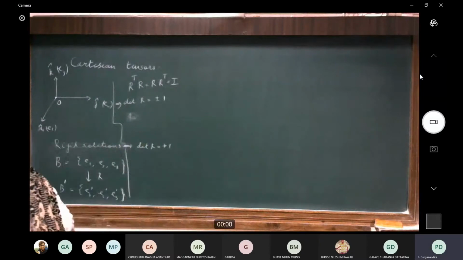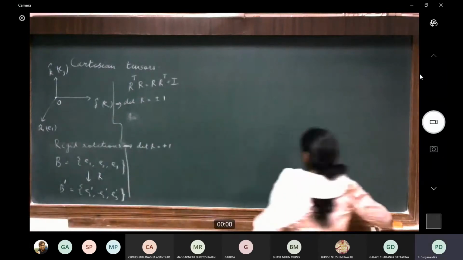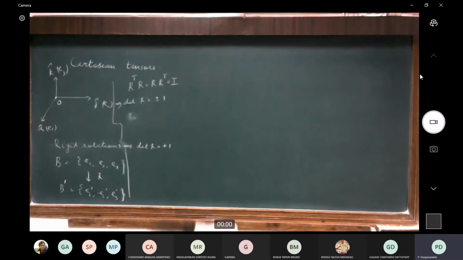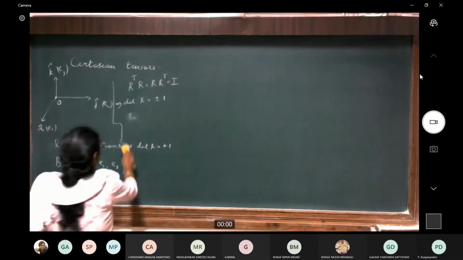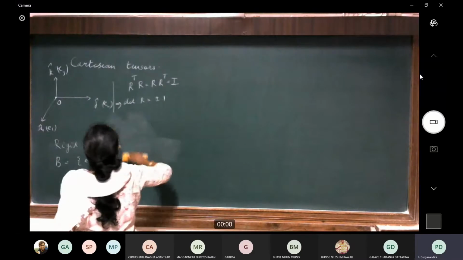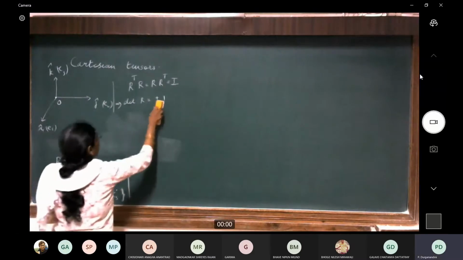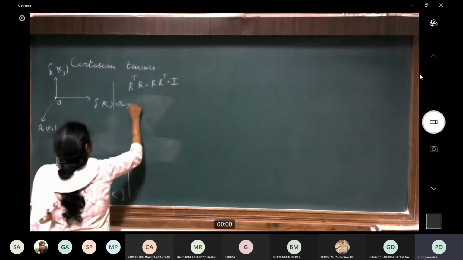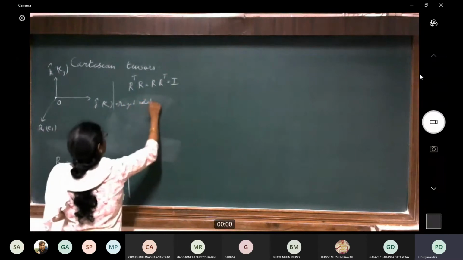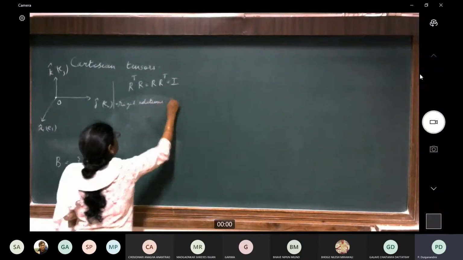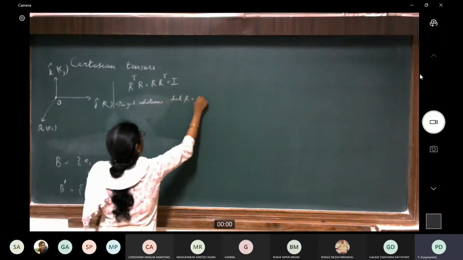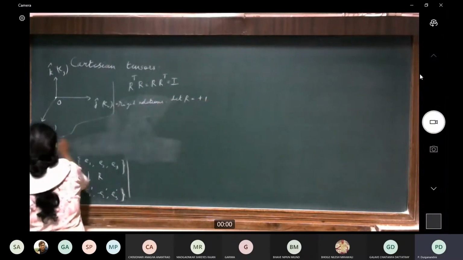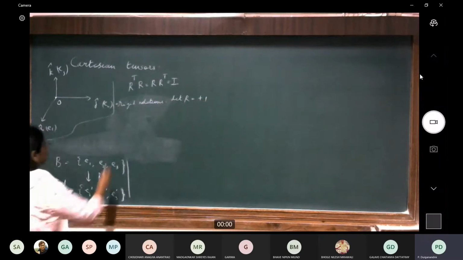Then we defined yesterday, given this, what we mean by a tensor of rank n.